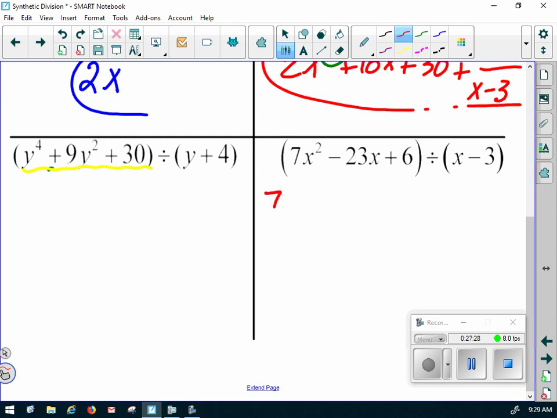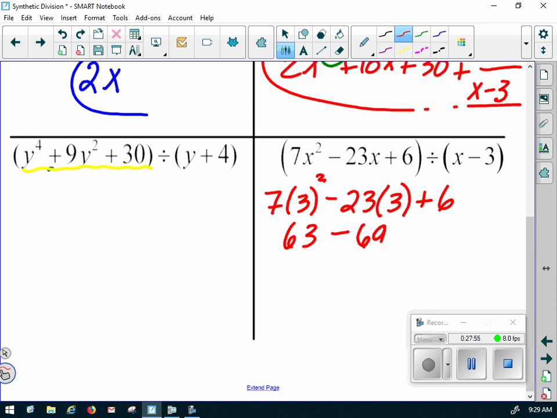Now you're going to use your calculator. 7 times 3 squared minus 23 times 3 plus 6. All right, you're going to help me out with the arithmetic. 3 squared is 9. 9 times 7 minus 69.